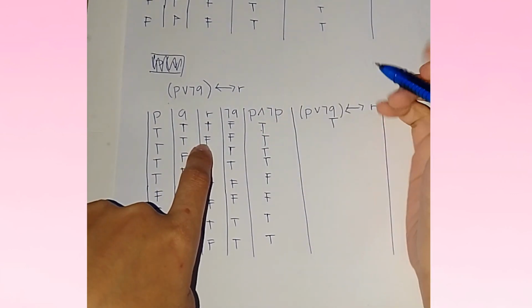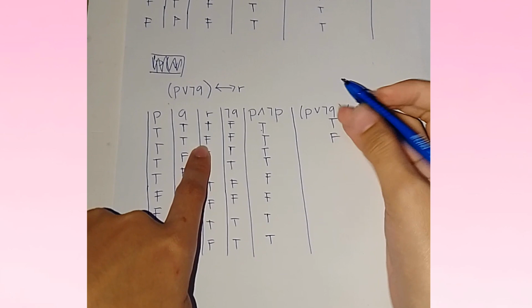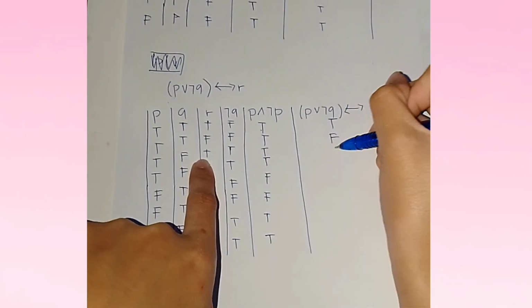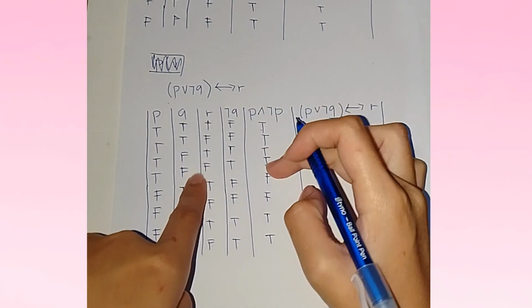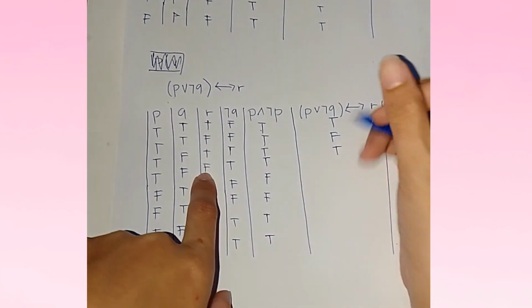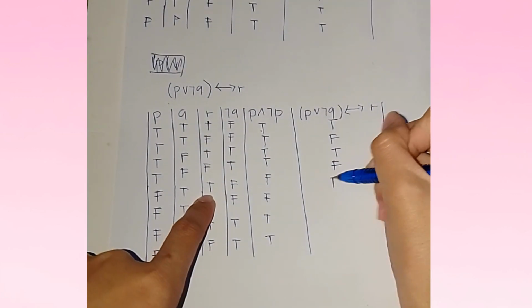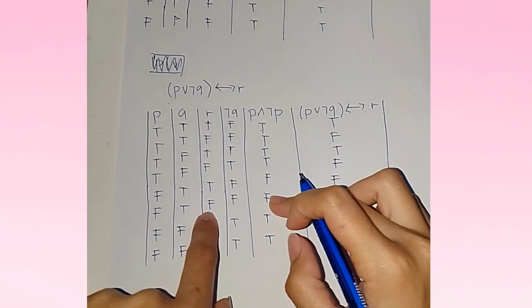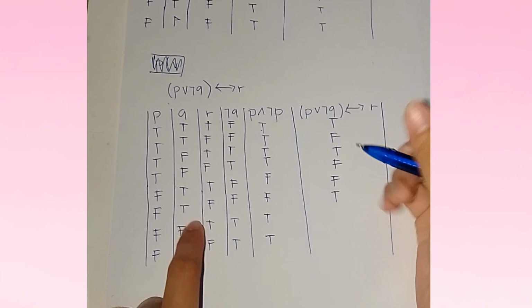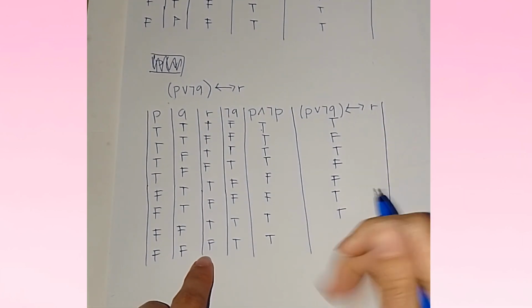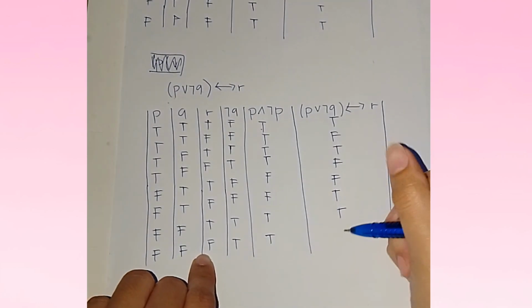This is false, true, which means false. This is true, true, means true. This is false, true, means false. This is true, false, means false. This is false, false, means true. This is true, true, means true. And lastly, false, true means false.